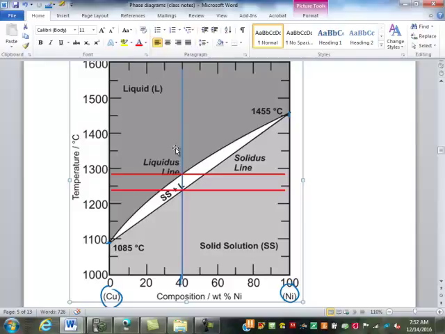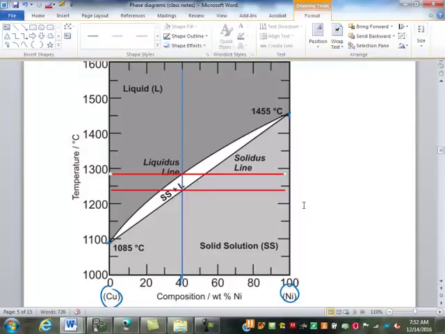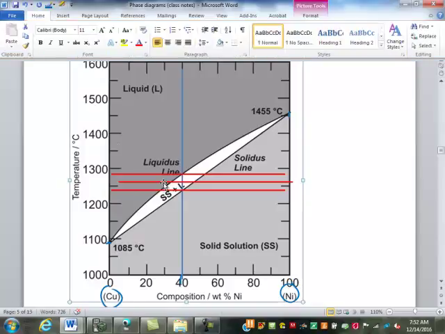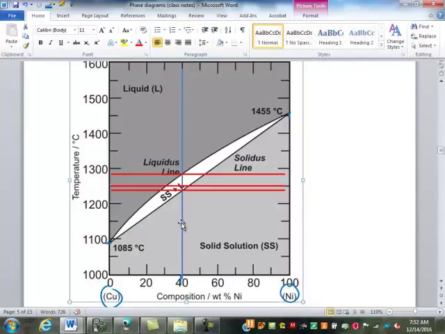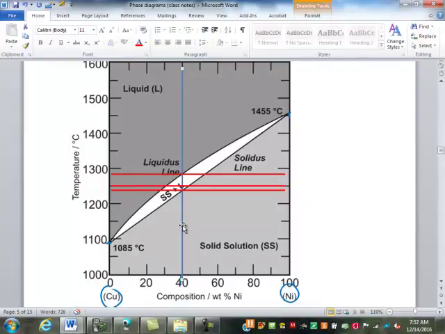The composition of that mush is actually kind of interesting, and it depends on the temperature. Let's say the temperature is 1250 degrees right there. What we're going to have is two substances here. One substance is going to occur on this boundary where the temperature crosses that.